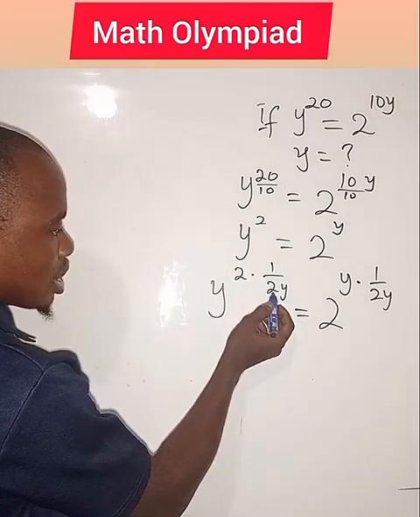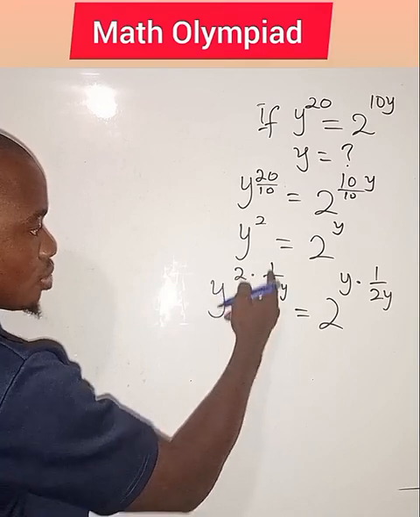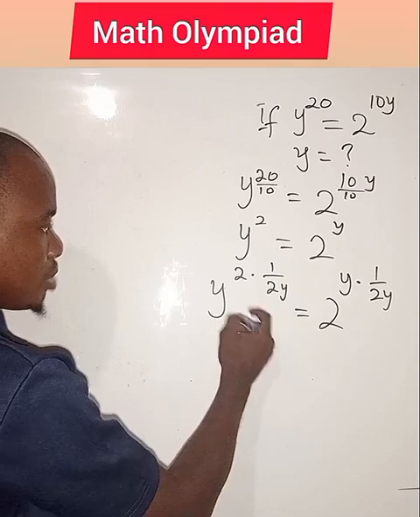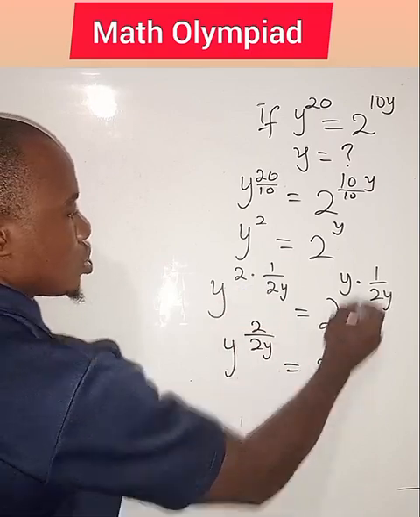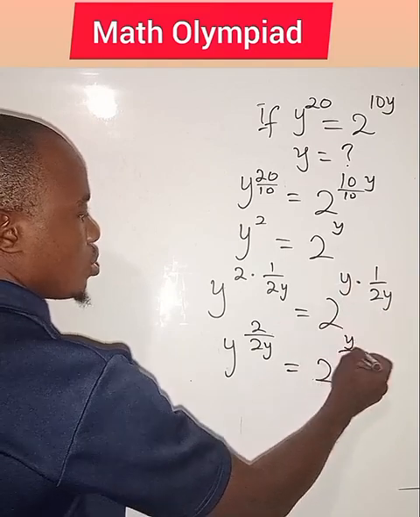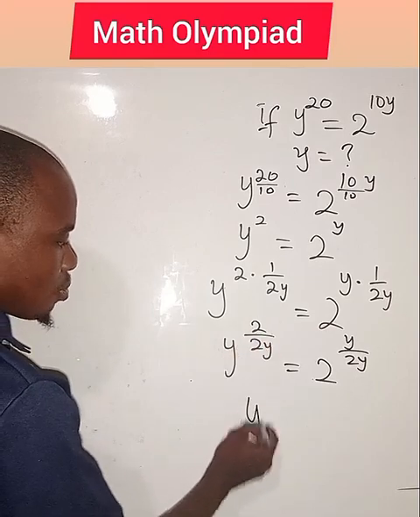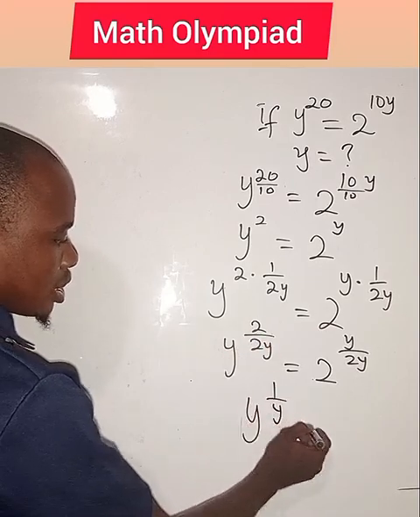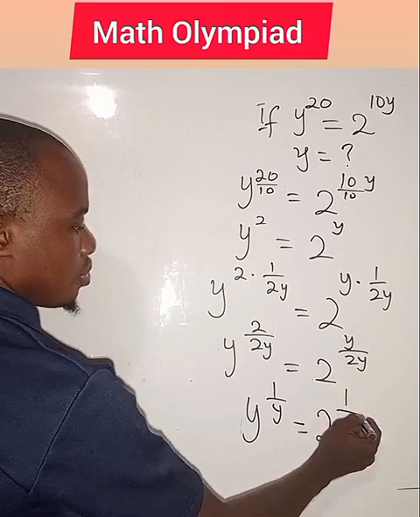You can see that these two cancel because of multiplication and division: 2 times 1 over 2y equals 1, then 1 times y, we have y over 2y. So now from here, you can see the 2 cancels, and we have y to the power of 1 over y equals 2, and the y cancels, we have 1 over 2.